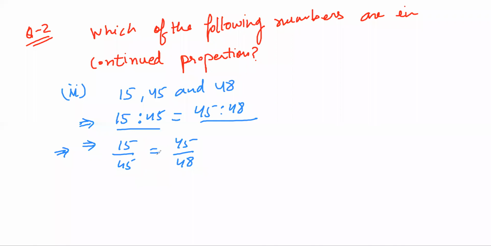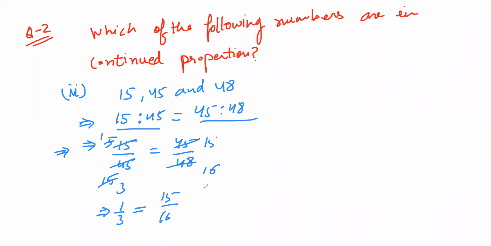They are not in continued proportion, Jatin is saying. Okay, so reduce it by 3: 3 fives are 15 and 3 ones are 3, 5 ones are 5, 5 threes are 15. So 1 upon 3 this side, and 3 ones are 3, 3 fifteens are 45, 3 sixteens are 48, so 15 upon 16 this side.